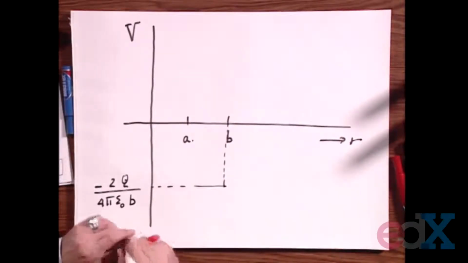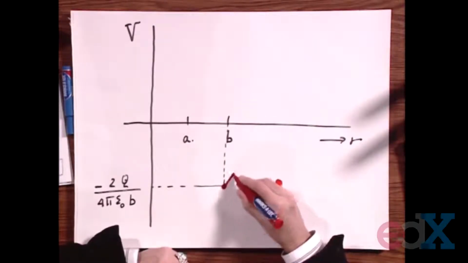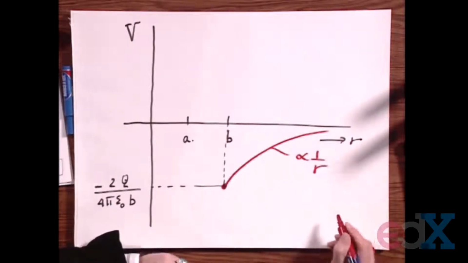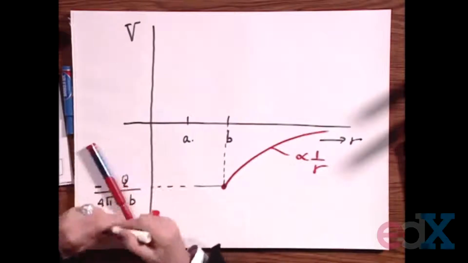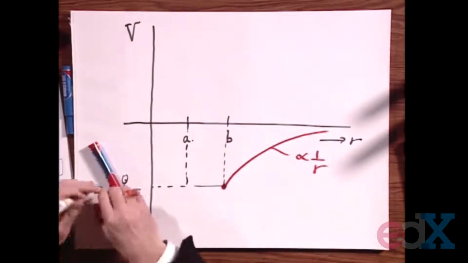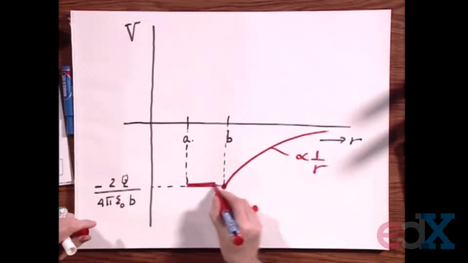We just calculated that. And then it falls off as 1 over r, proportional to 1 over r. In the shell there is no electric field. If there is no electric field, it must be an equipotential. So the potential is everywhere the same, so it remains this value.